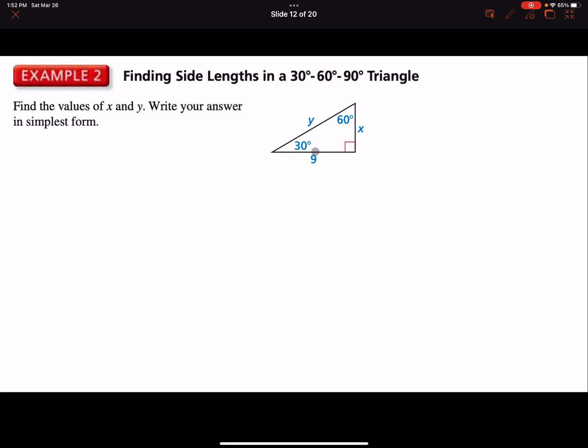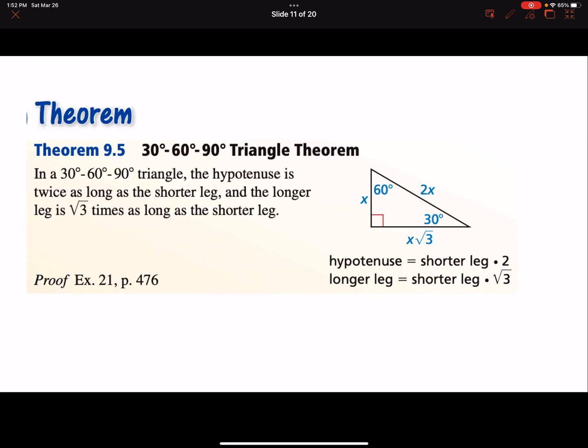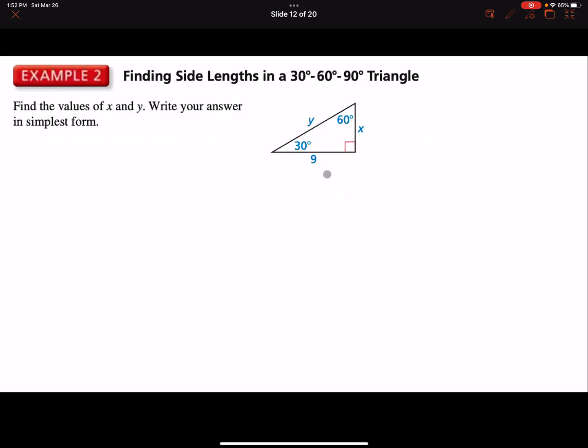Notice exactly what I said. This side is technically x times root 3, but there's no root 3 attached. Well, then that means that this side has to have some sort of root 3 attached to it. But to get this 9, I had to multiply whatever this was by root 3 to get 9. So I have to figure out what that was.